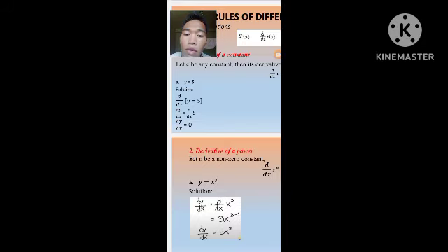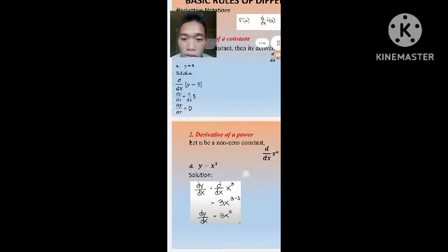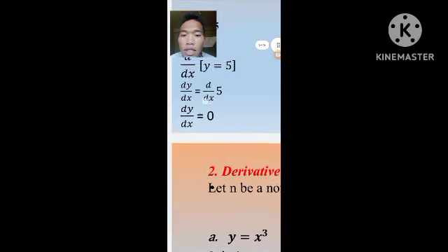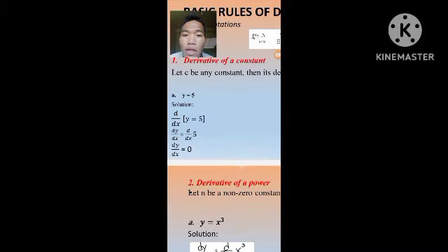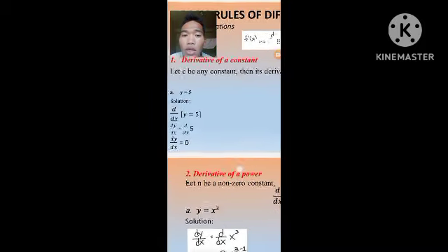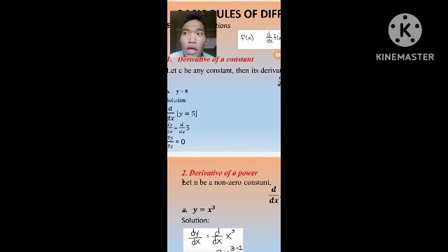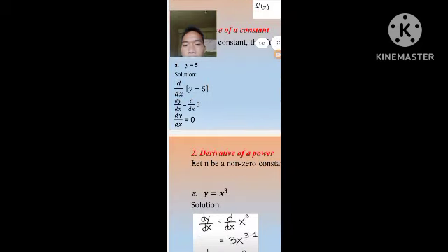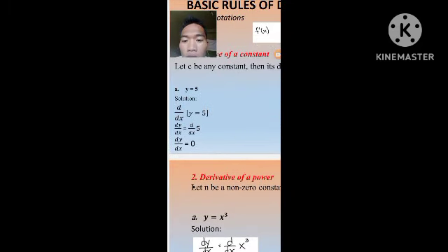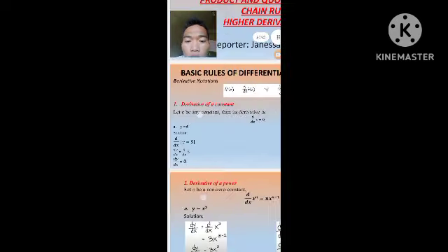We need to put the 5 in the formula. 5 is a constant, so if c is a constant, the derivative equals 0. So 5 is a constant, so its derivative will be 0.